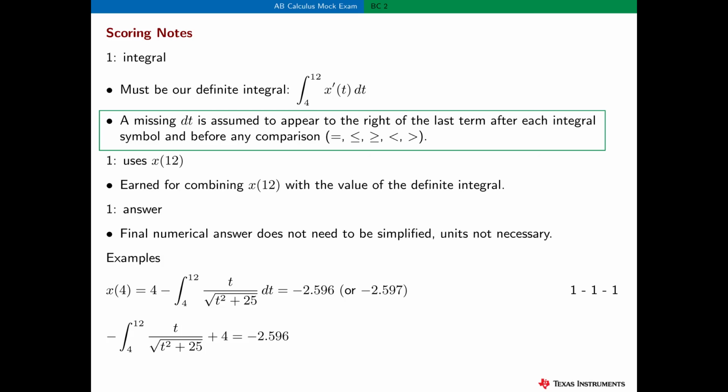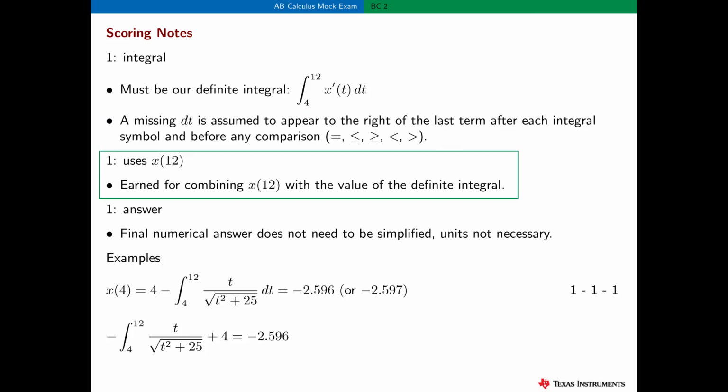A missing dt in the integrand is assumed to appear at the right of the last term after each integral symbol and before any comparison symbol. And I'll show you an example of the use of this rule below. The second point is for using x of 12 in the expression for x of 4.